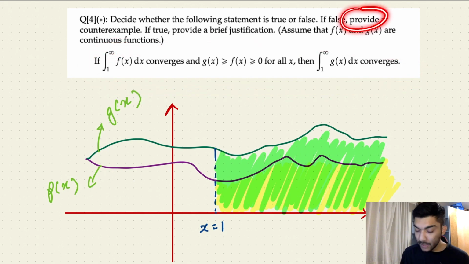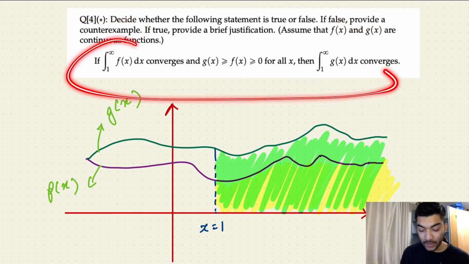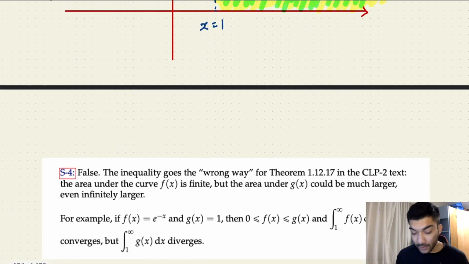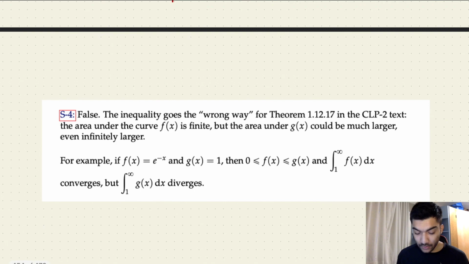Since this statement is false, we also have to provide a counter example which disproves it. An easy counter example can also be found in the solution to this problem.